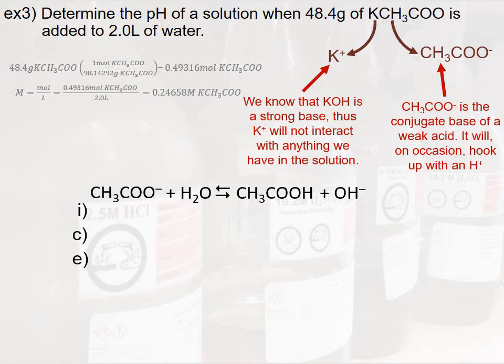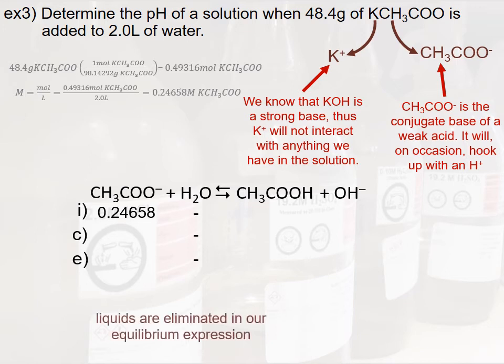The initial concentration of acetate is going to be 0.24658. It came from the concentration of potassium acetate we added. H2O is a liquid, so we don't worry about it in our calculations.